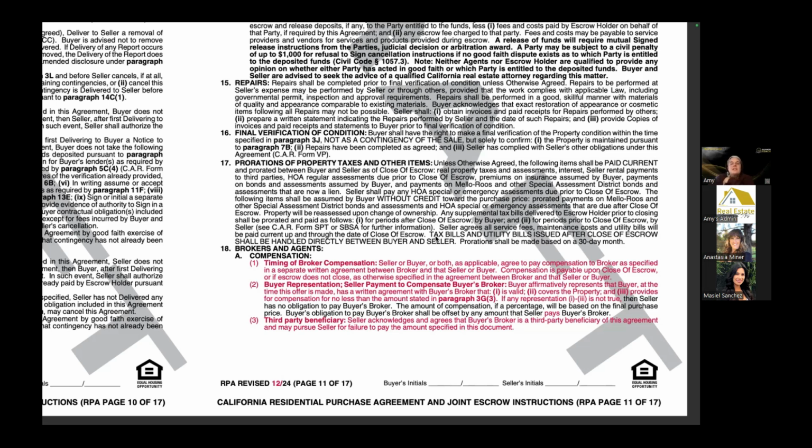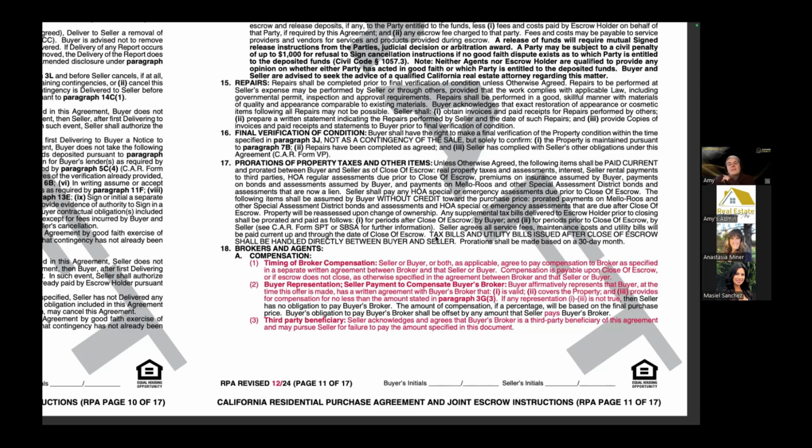Buyer representation, seller payment to compensate buyer's broker. Buyer affirmatively represents that buyer, at this time has made an offer, has a written agreement with the buyer's broker that is valid, it covers the property, and provides for compensation of no less than the amount stated in paragraph 3G3. If any representation 1 through 3 is not true, then seller has no obligation to pay buyer's broker.